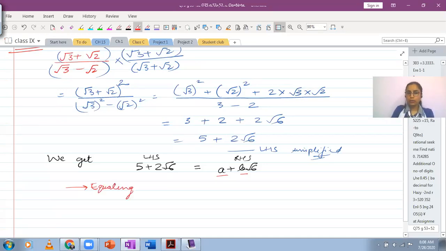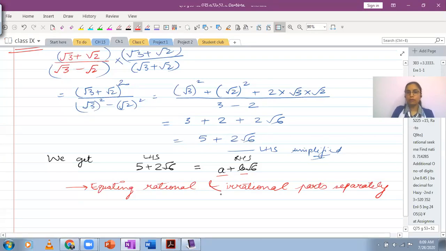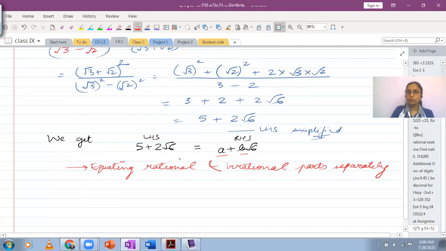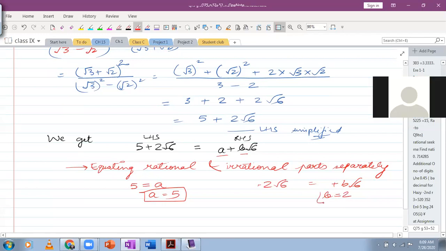So I can equate rational parts and irrational parts separately. मेरी लेफ्ट हैंड साइड पे जो रैशनल वैल्यू है उसको अलग कर लो, उसको राइट हैंड साइड की रैशनल वैल्यू से इक्वेट करो, और लेफ्ट हैंड साइड पे जो इरैशनल वैल्यू है उसको राइट हैंड साइड वाली इरैशनल वैल्यू से इक्वेट करो. So this is what you get, and remember to use the signs. So from here the value of a is 5, over here b is 2.